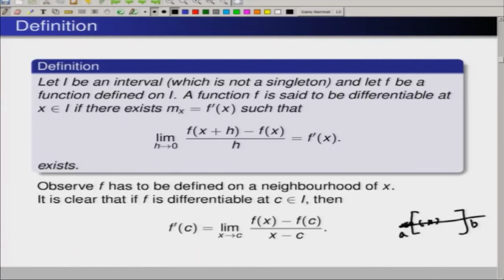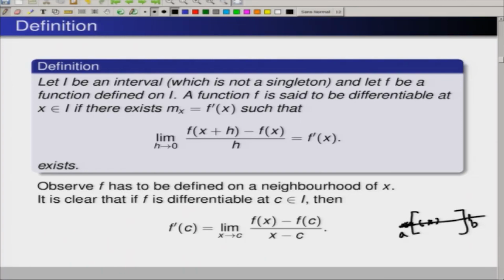Similarly at b, I do not have the information from b to b plus h. So, I cannot talk of the derivative at the end point. So, whatever interval we are taking, except the end points, we are talking about the derivative of the function if it is a finite interval.